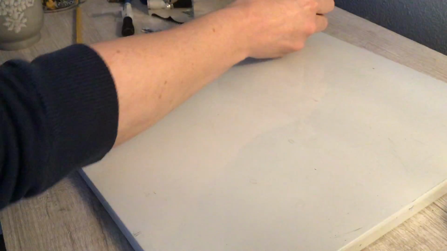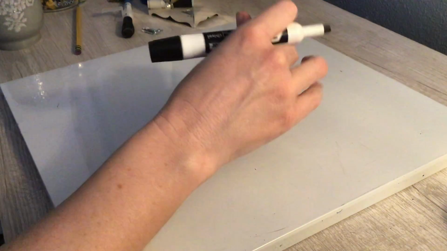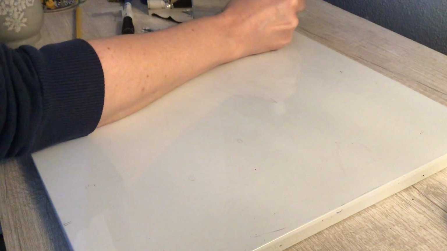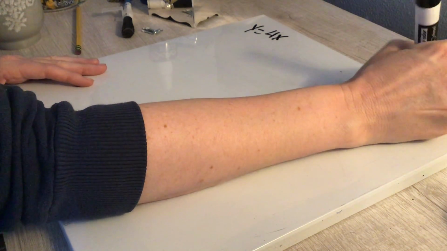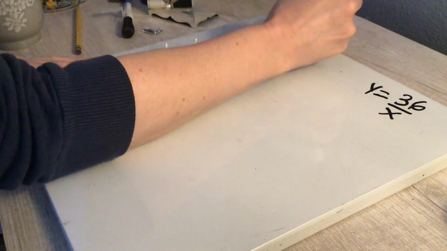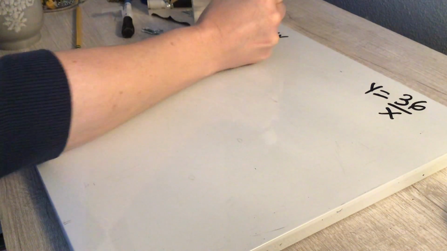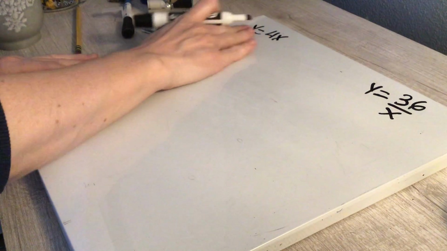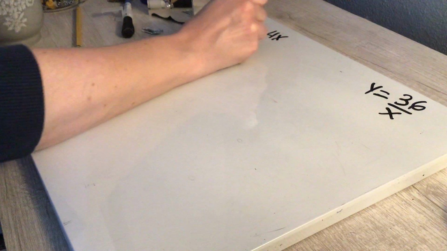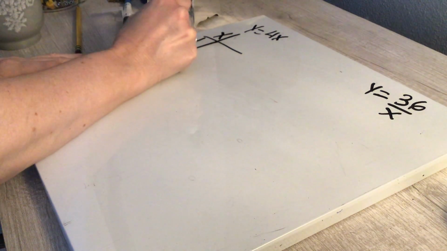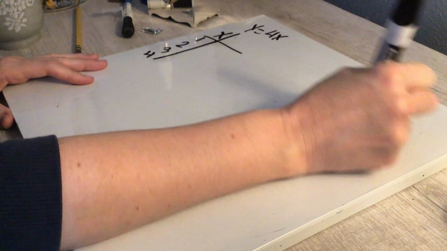Okay, so we want to use those two models then to compare them for different x values. So we have our first one said y equals 4x, and our second one said y equals 36 over x. And we're going to use x equals 1, 2, 3, and 4 on both of our models.